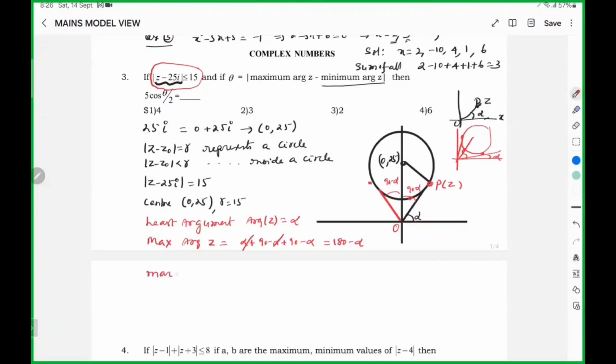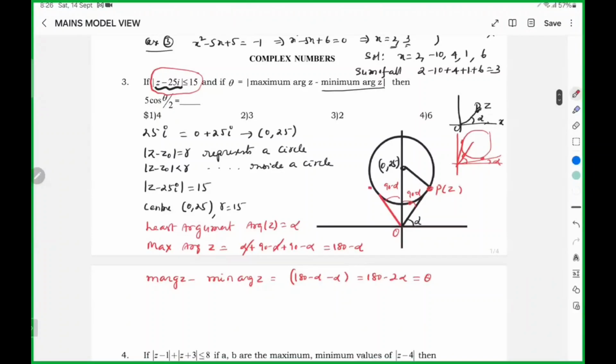So maximum of argument of z minus minimum of argument of z will be 180 minus alpha minus alpha, which is 180 minus 2 alpha, which we define as theta.